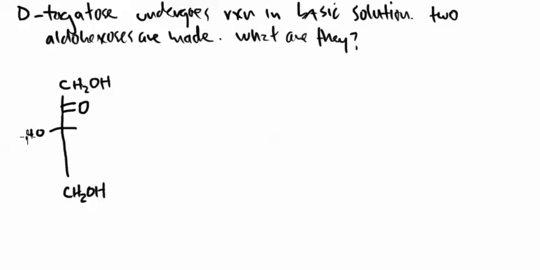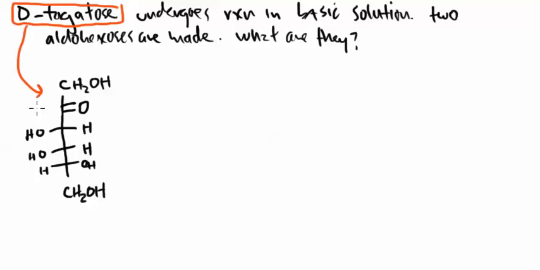So we see an OH over here and an H to the right. On this carbon we see OH to the left and H to the right. And then on that carbon I see OH to the right and H to the left. So that's the structure for D-Tagatose, right? I've looked this up. This is something that I shouldn't memorize. This is something that I can always find, and that structure is going to be given.